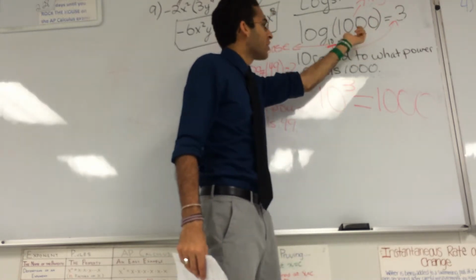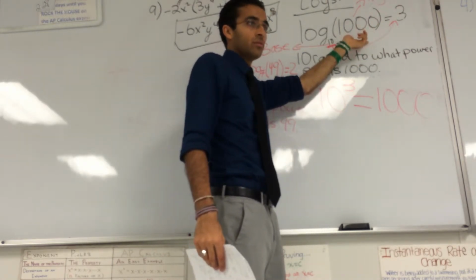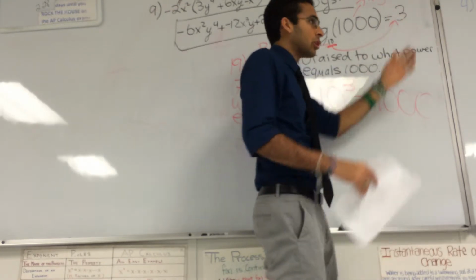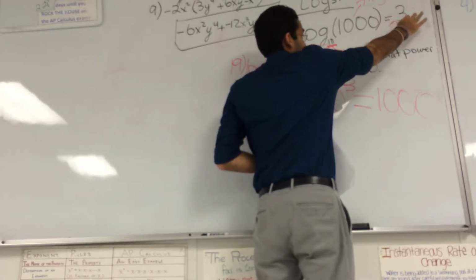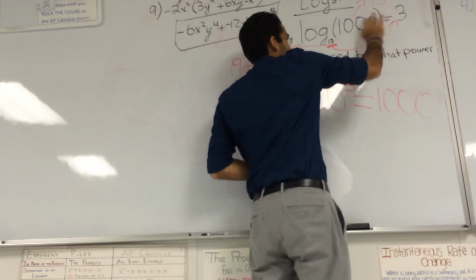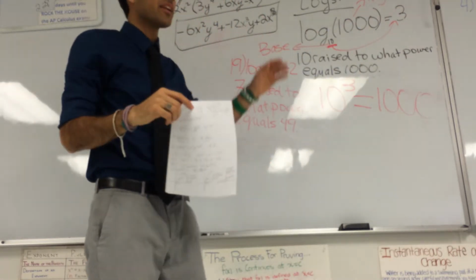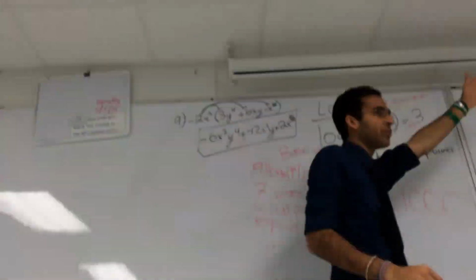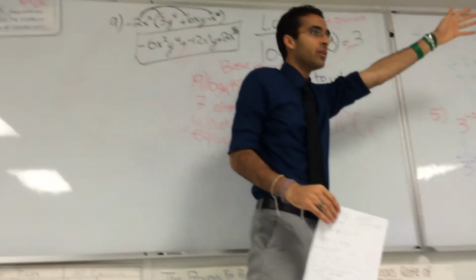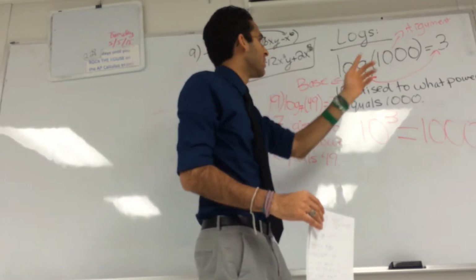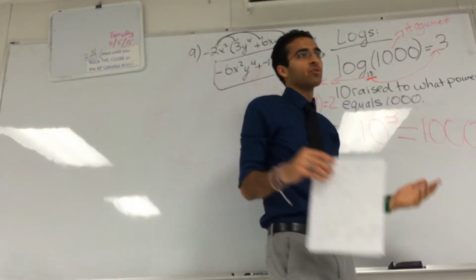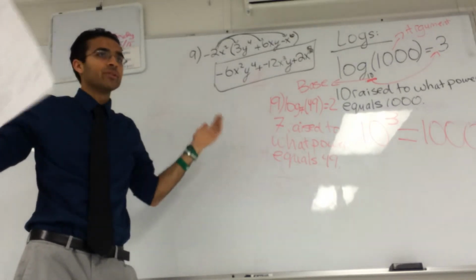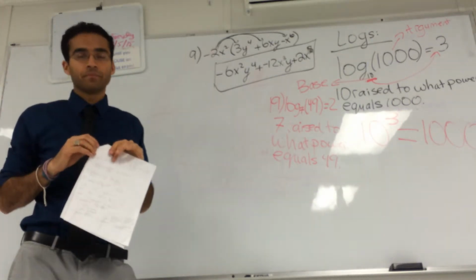So instead of writing 1,000, I could really basically say log 1,000 equals 3, because 10 raised to the third power gives me 1,000. 1,000 is an easy number. Imagine if this was 20 million or 100 million. Rather than writing out 100 million, I could do log of 100 million and I'd get like 20 or something, because 10 raised to what power gives me 100 million.